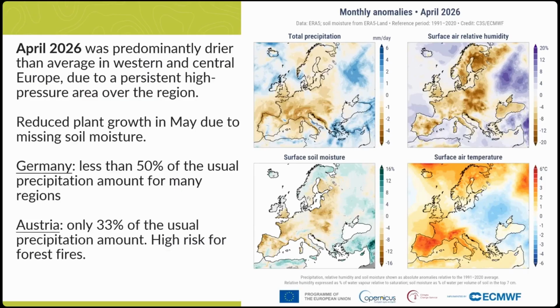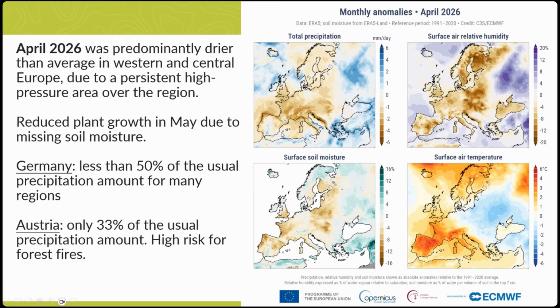Finally, my last slide is from the Copernicus, also the surface analysis, total precipitation for the months of April, and you can clearly see here in the chart that the total precipitation was not enough or less than usual for most of the Central Europe, especially here in the southern part of France, Italy, but also in the eastern parts of Europe, like Romania, for example, and Poland.